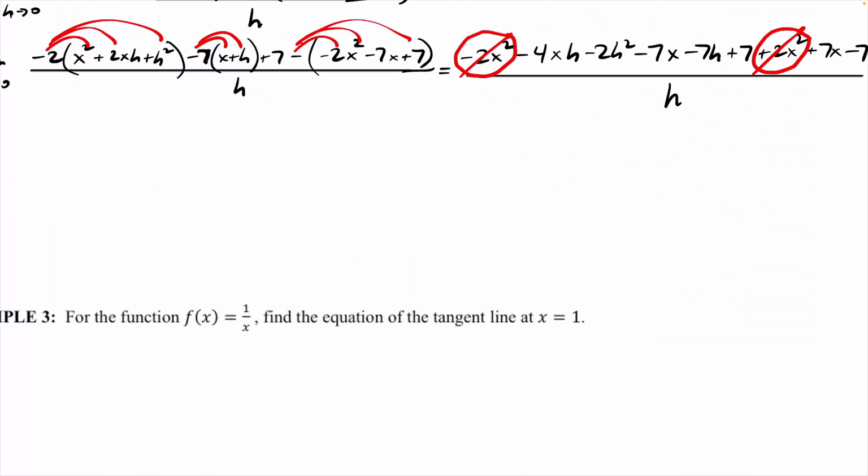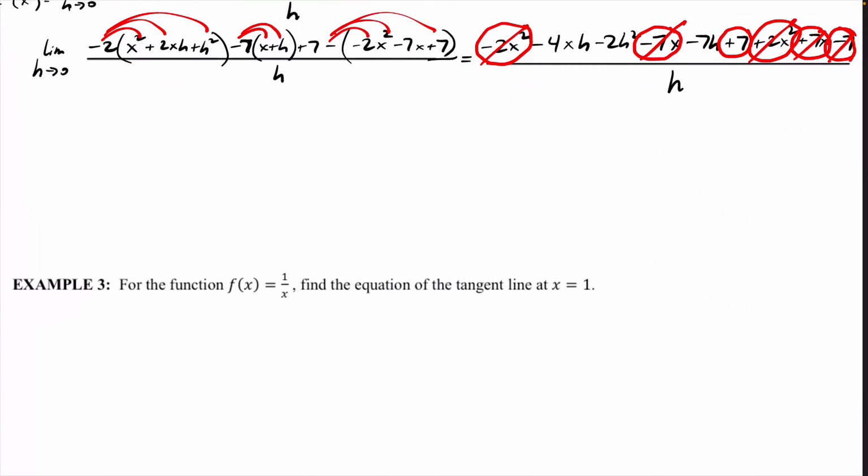What else do we have that goes away? There you go, +7x. And then 7s, right? Yep, +7, -7. That's it? More than half of it went away.